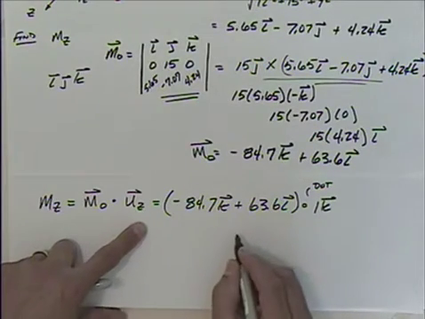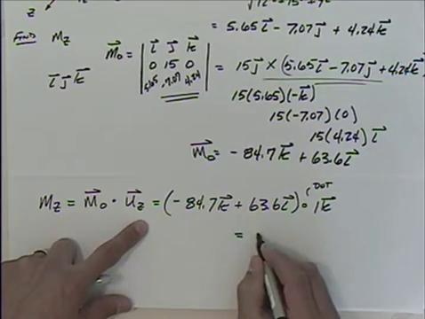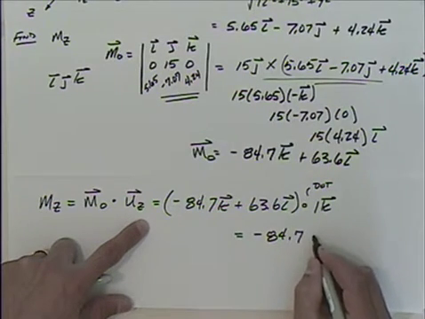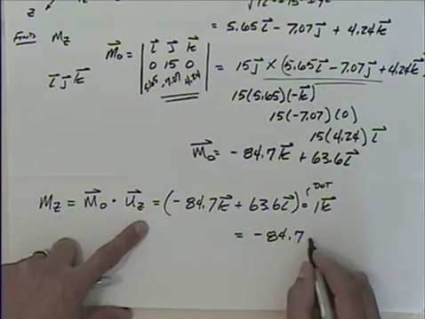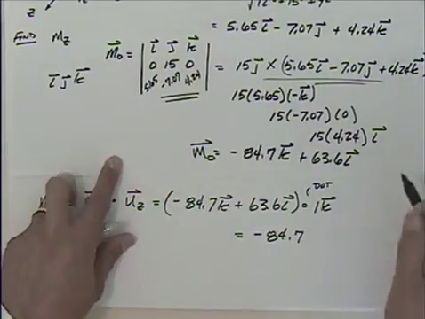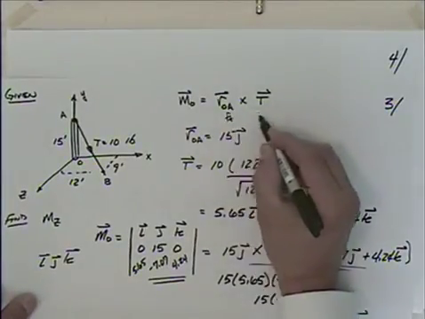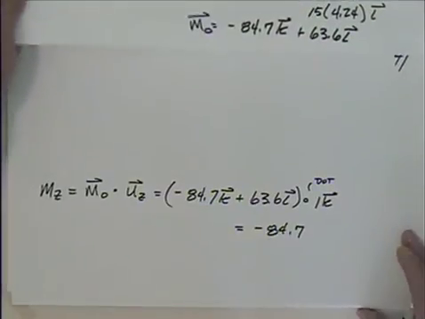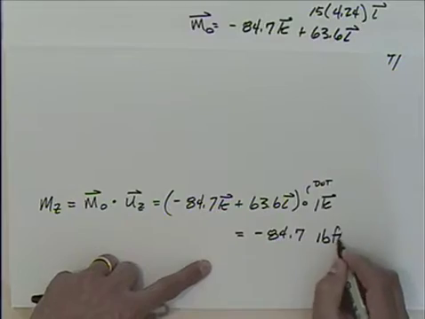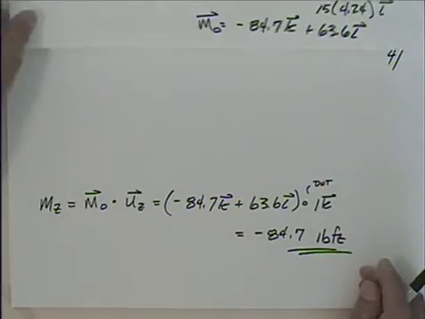So that's really just going to give me minus 84.7 in the K, minus 84.7. We had pounds and feet, right? This is feet. This is pounds. So I had pound feet. Okay, so that would be our answer.